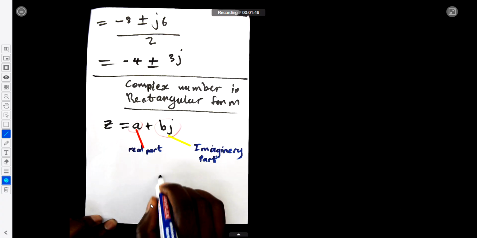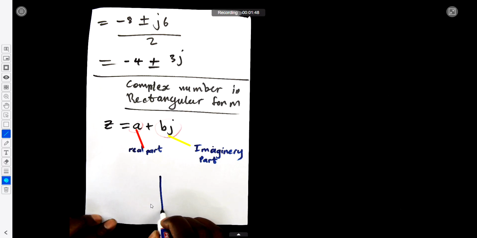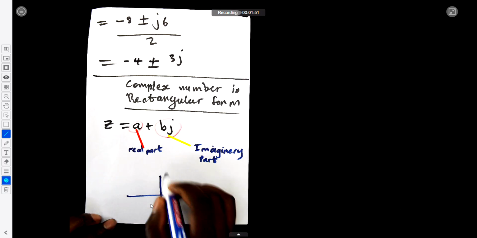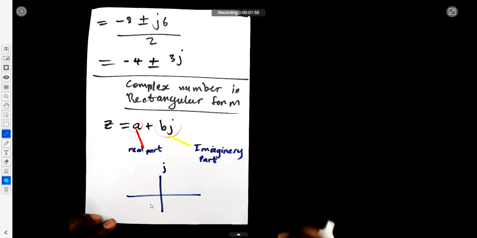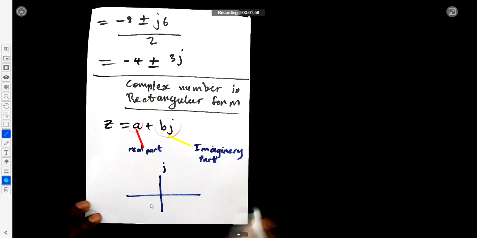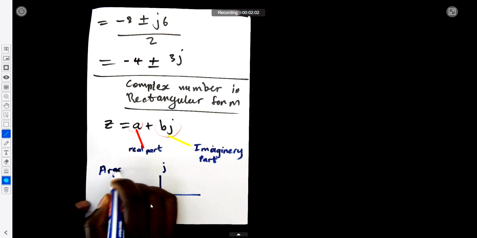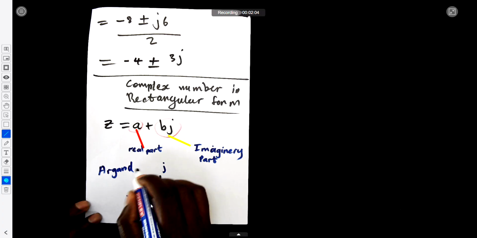So we have its Cartesian plane. You can plot on an Argand diagram. We call this an Argand diagram.